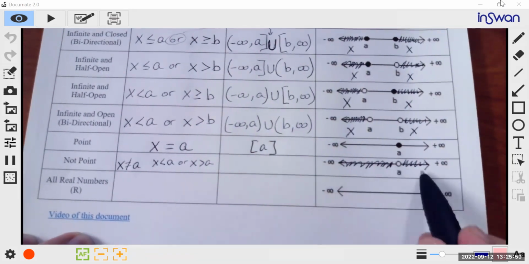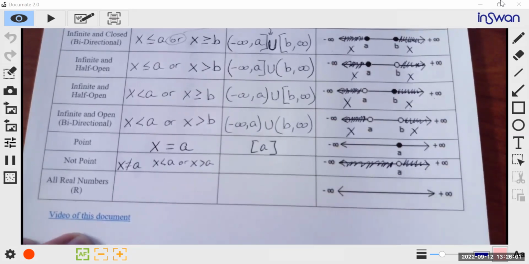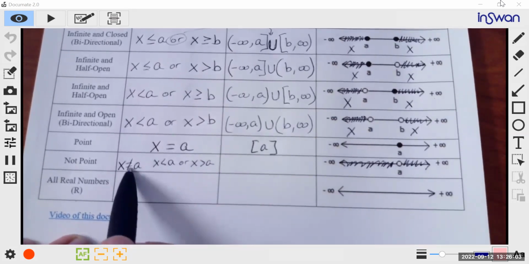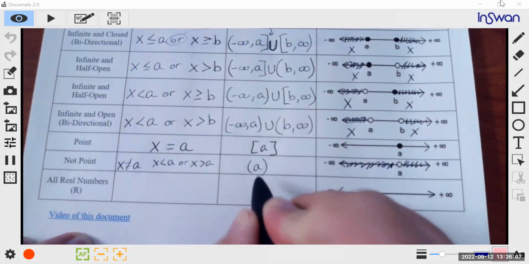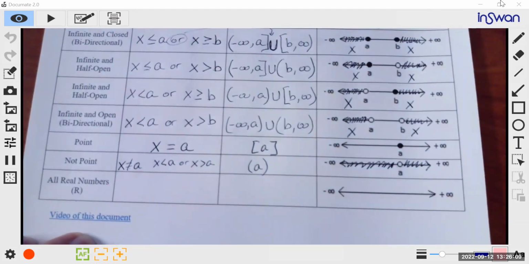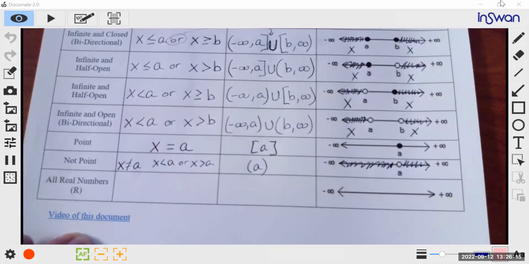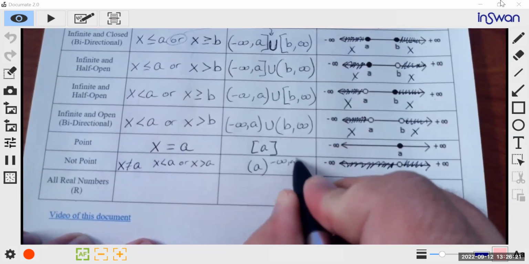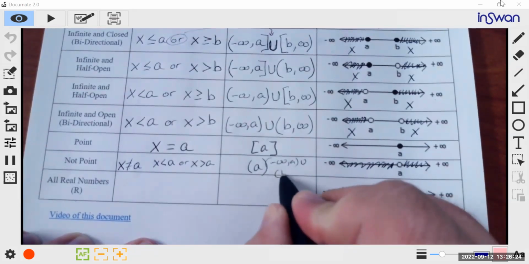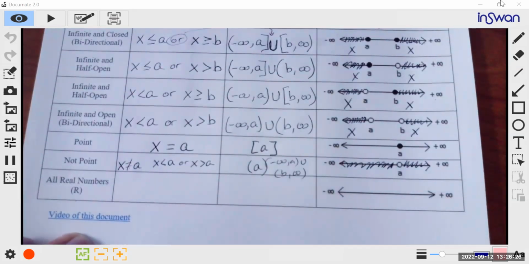It's just like X cannot equal A. And that's what that means. It could be any number you think of, just not A. I mean, you could put negative infinity to A, parenthesis, union, B to infinity. It means the same thing.